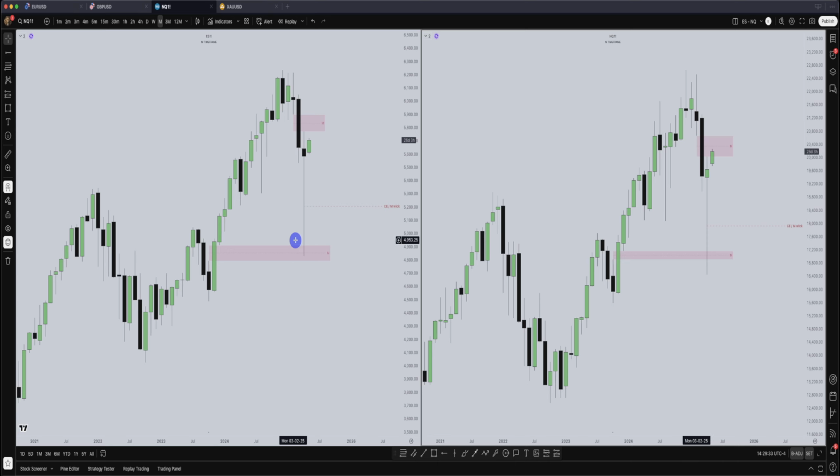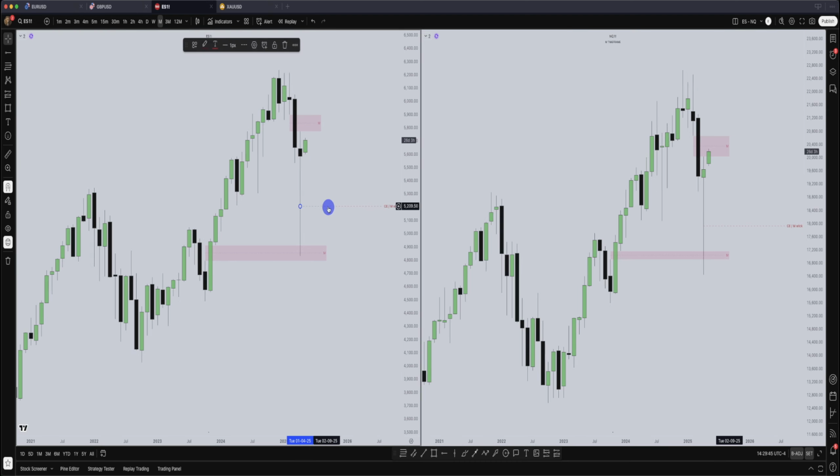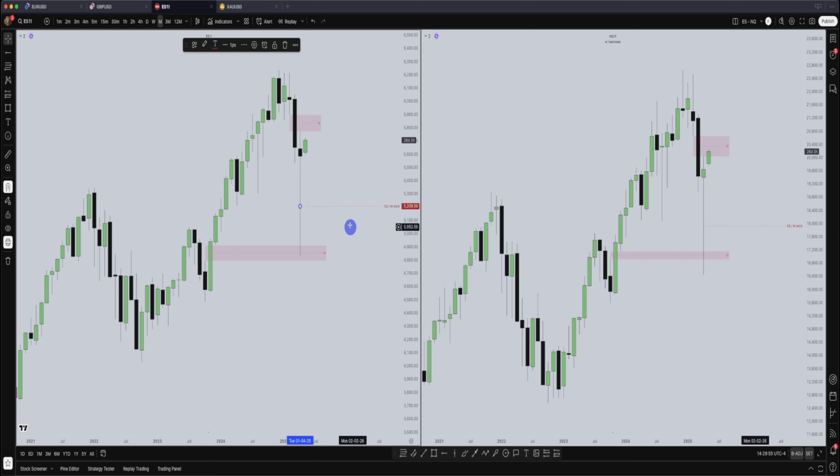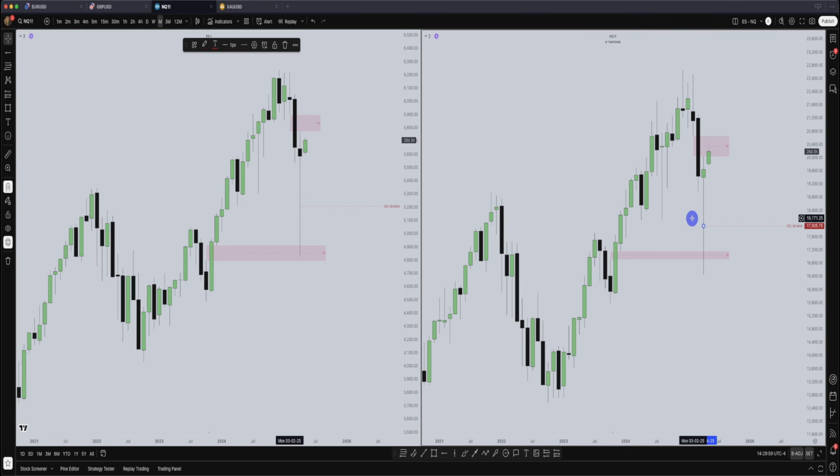A very important level is the half of this imbalance, which is the consequent encroachment. So I annotated this consequent encroachment, CE monthly wick, because it's a monthly wick. I have this level in my charts also for Nasdaq.